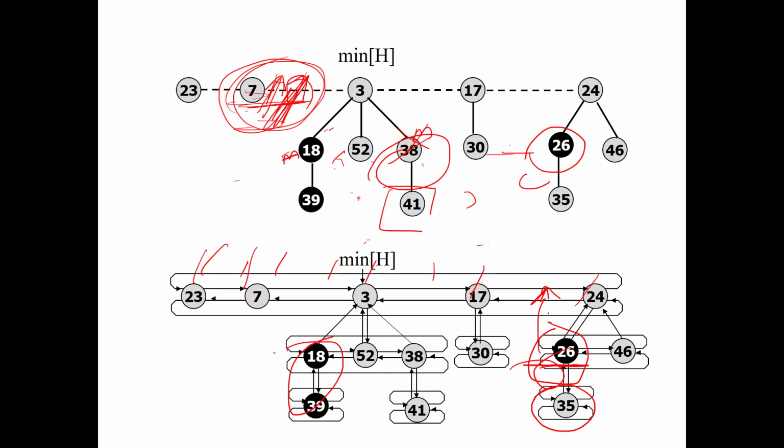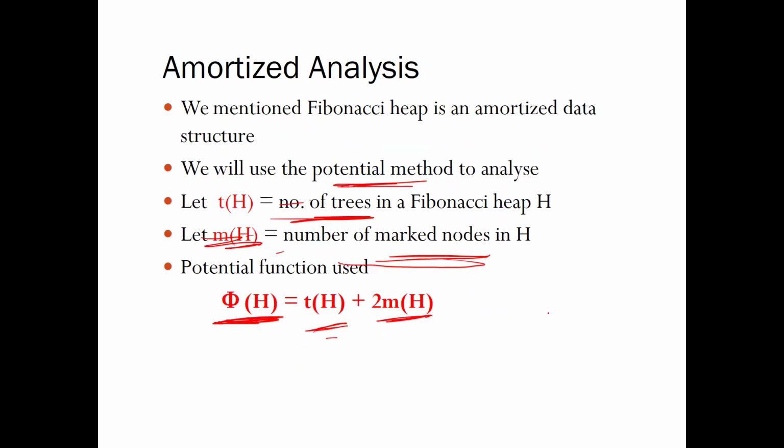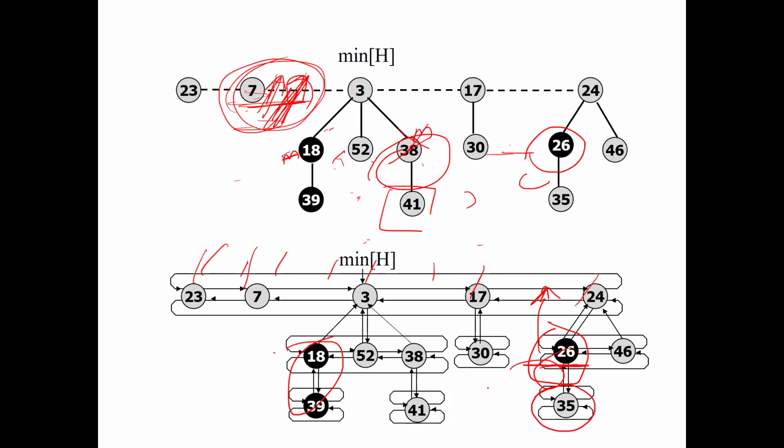Got it? So whenever you're trying to remove a marked node from its original position and bring it to some other place, it is also increasing the number of trees. So that is why it is 2 times m of h. Why it is 2 times, you'll understand when you come to the algorithm, but I'll simply say what it means.